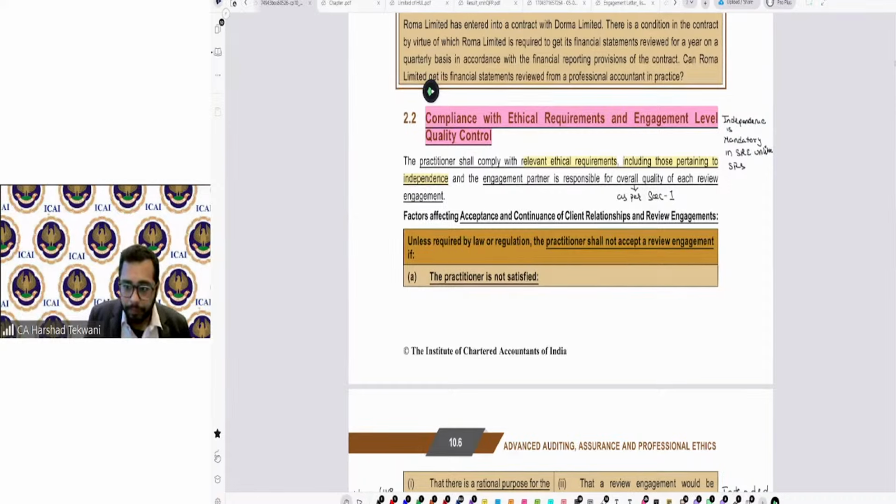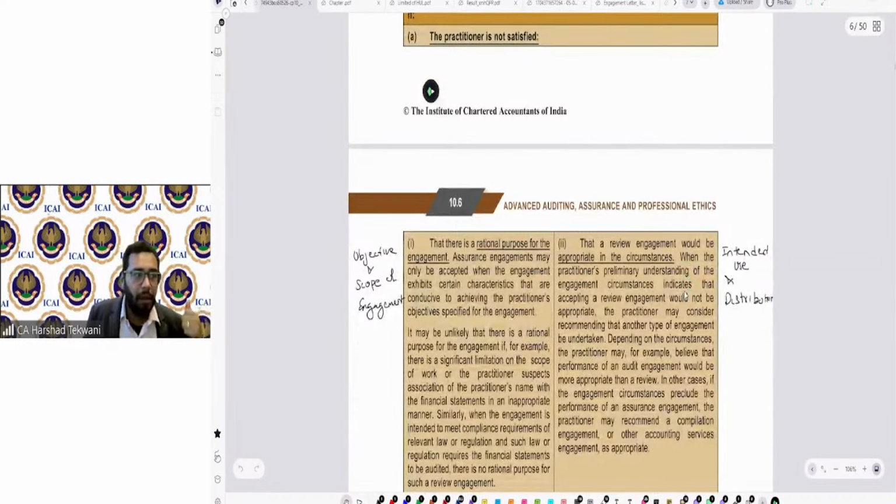For example, we understood the scenarios where the practitioner should not accept the review engagement. That is when the objective, scope, purpose or rationale is not appropriate, or the review engagement is not appropriate in the circumstances. For example, it required an audit, but we are performing a review engagement.